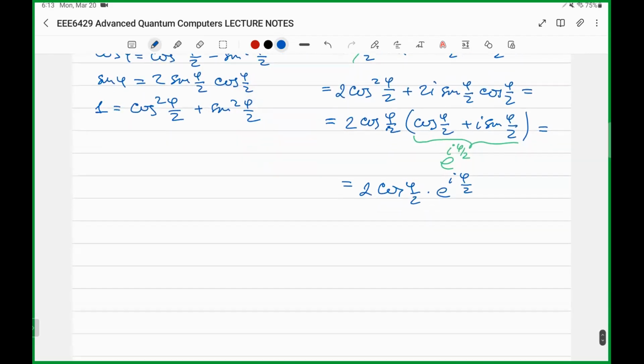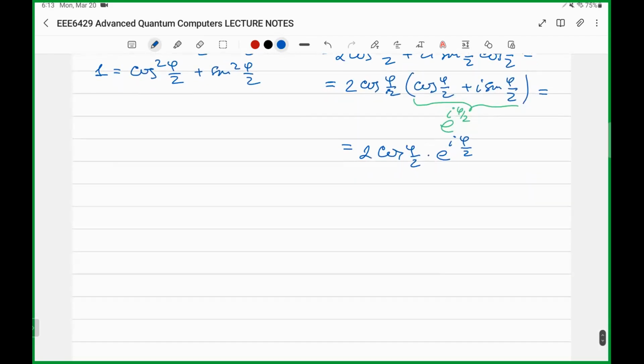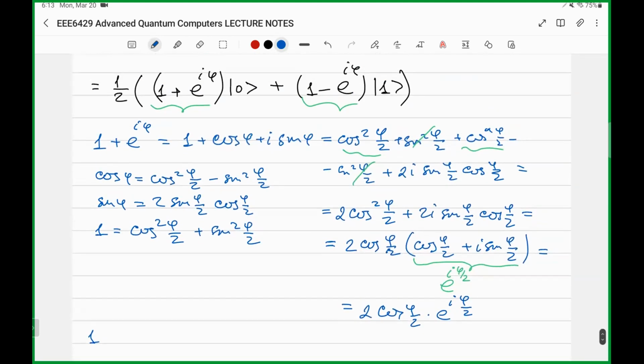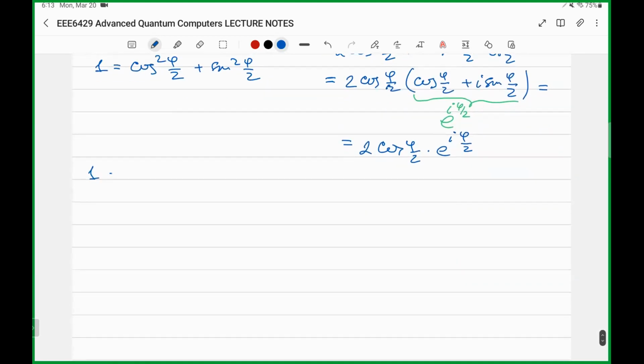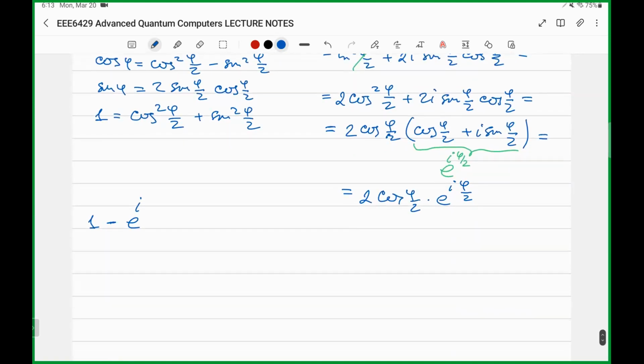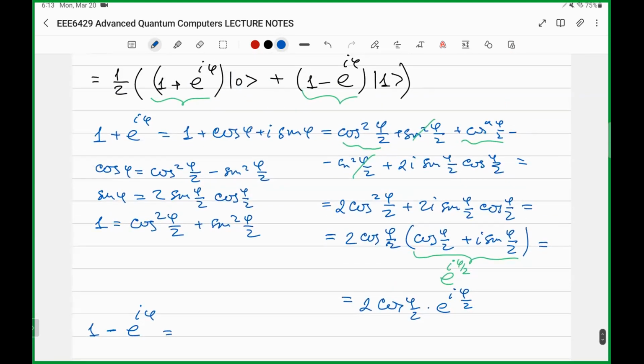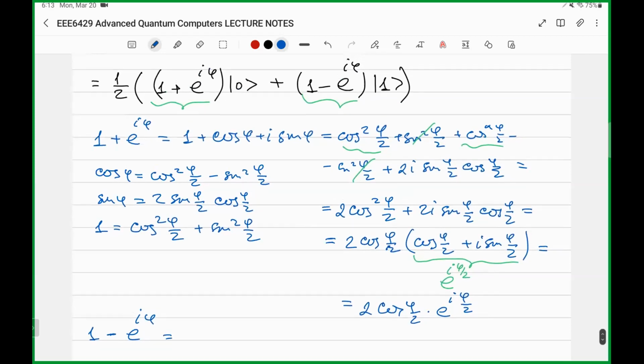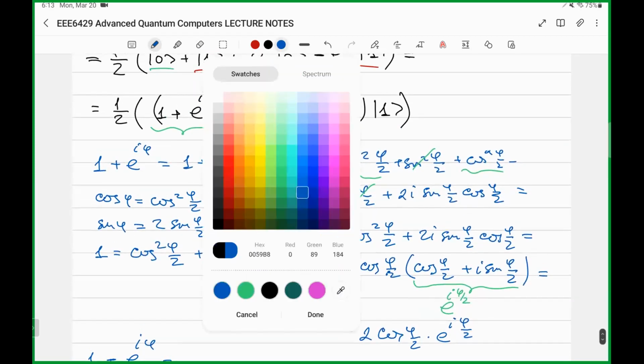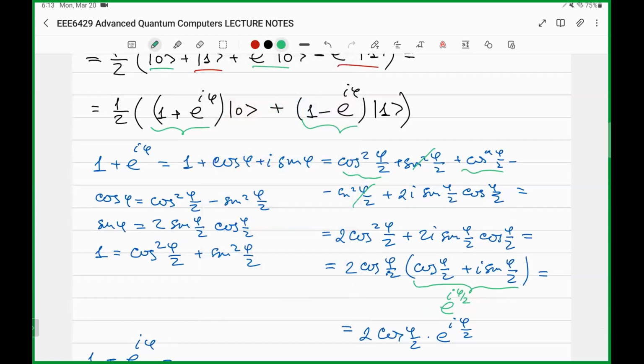Looks good. And for the second one, I mean, this is just the change of the sign in the parentheses. So it's 1 minus e to the power of i phi. So here it will be change of this sign here, right here.